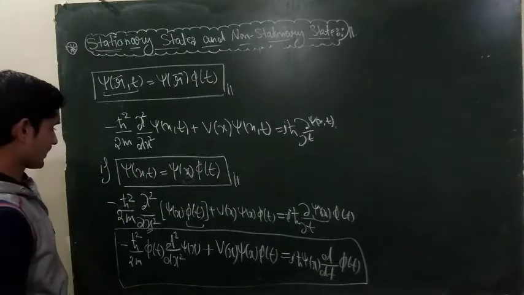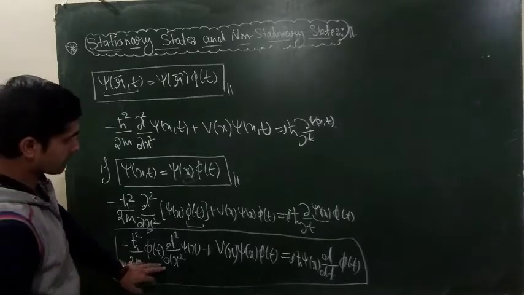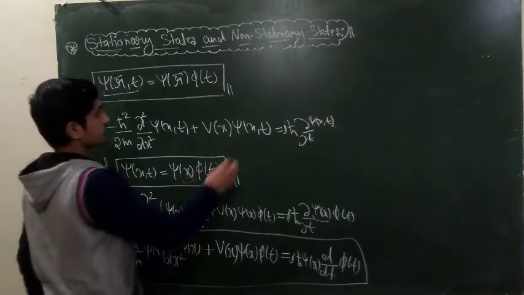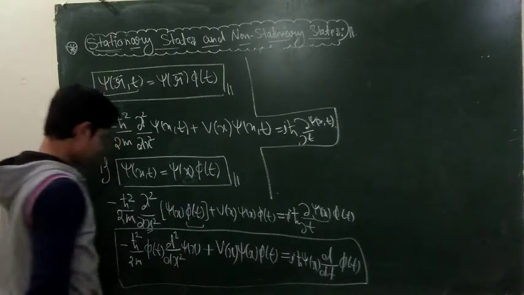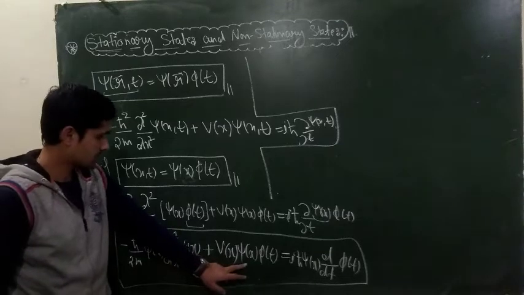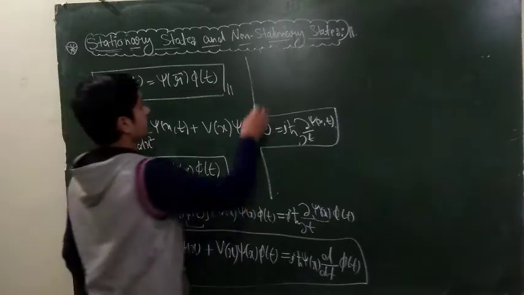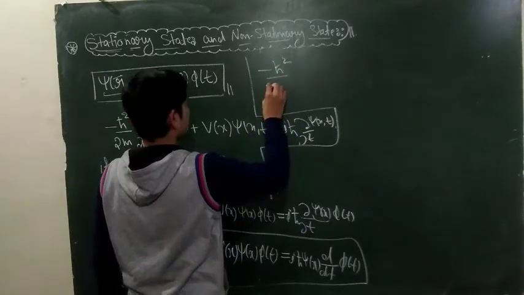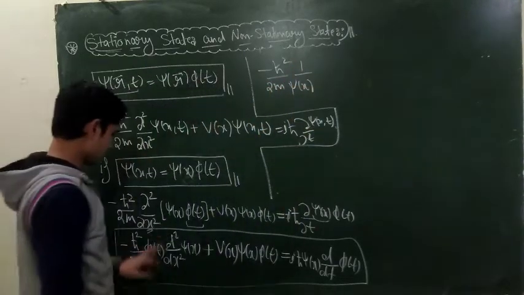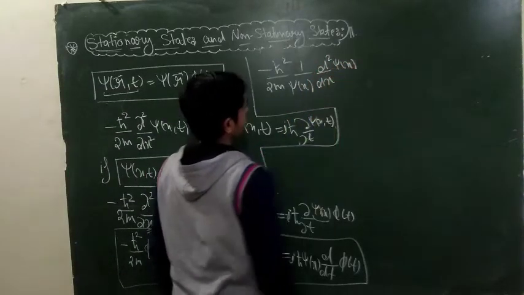Let's do a little bit more algebra. Divide the whole equation by the product of psi(x) and phi(t). When you divide by psi(x) and phi(t), the phi(t) will cancel out in the first term, and this will be minus h cross square over 2m, 1 over psi(x), and the second derivative of psi(x).